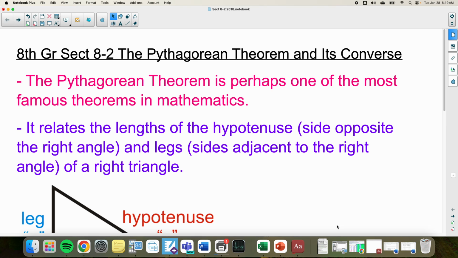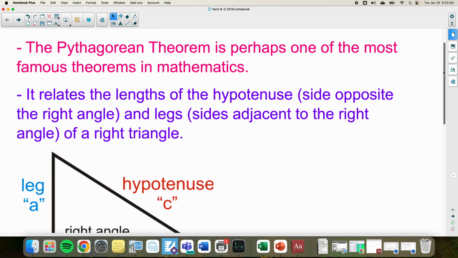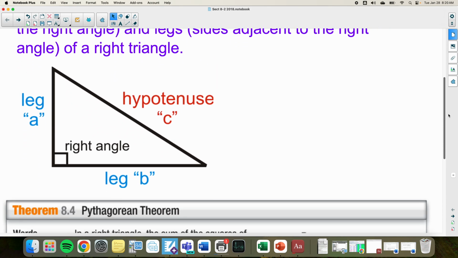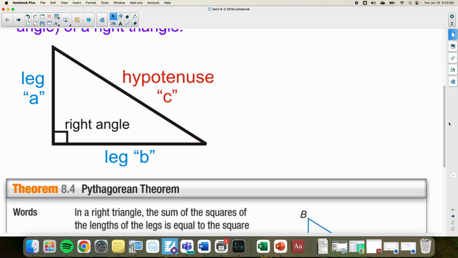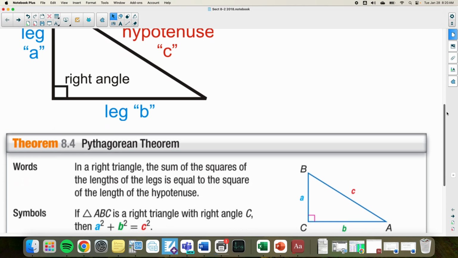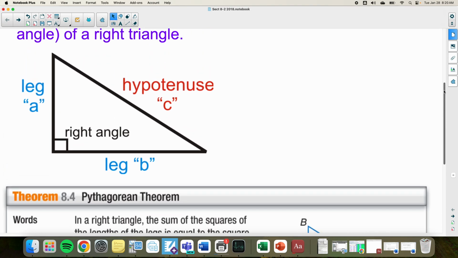All right, so today what we're gonna do is learn the Pythagorean Theorem. If you leave this class and you don't know how to do that, that means I've failed as a geometry teacher. It's so important. When you have a right triangle that has a right angle, the side across from the right angle is called the hypotenuse.